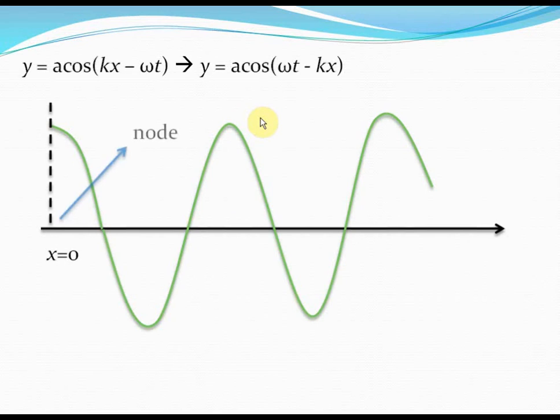This is the wave y equal to a cos(omega t minus kx). As you can see, at time t equal to 0 and x equal to 0, the amplitude of this wave is a. Here the point x equal to 0 is a node, and the equation of the second wave which we have to find is plus or minus a cos or sine(kx minus or plus omega t).